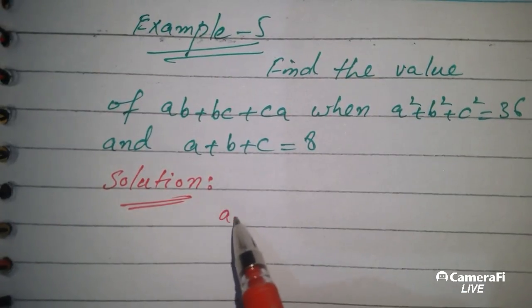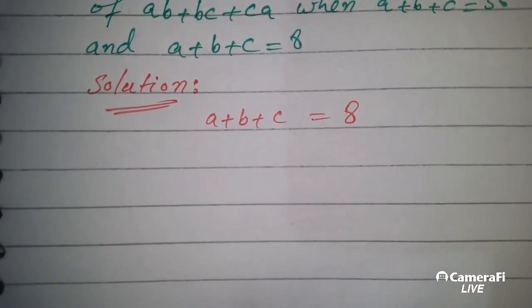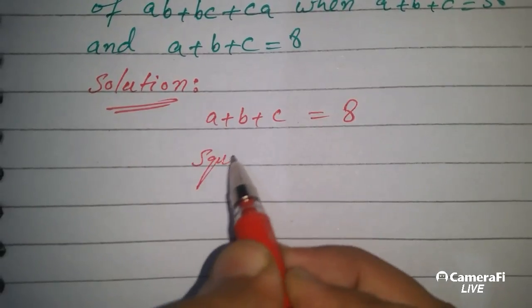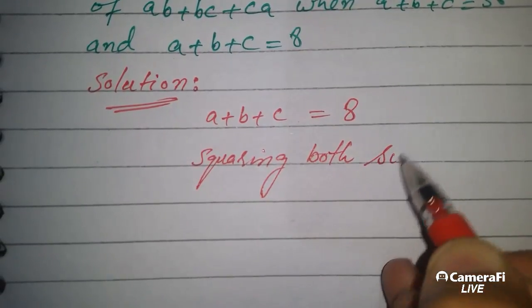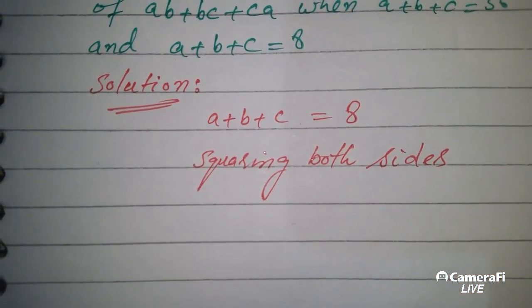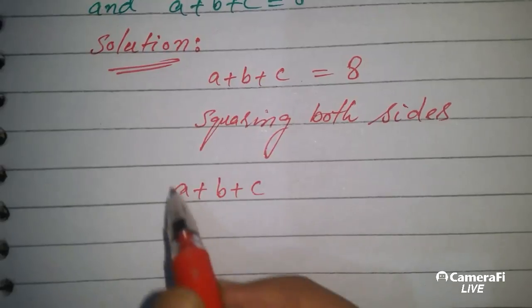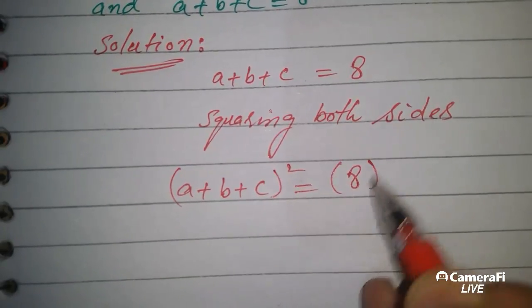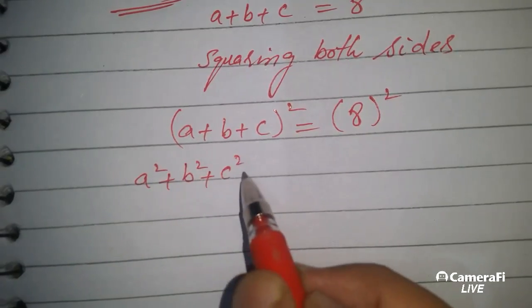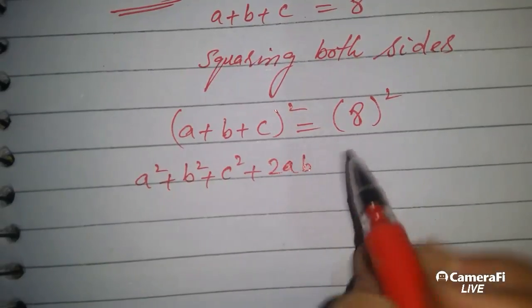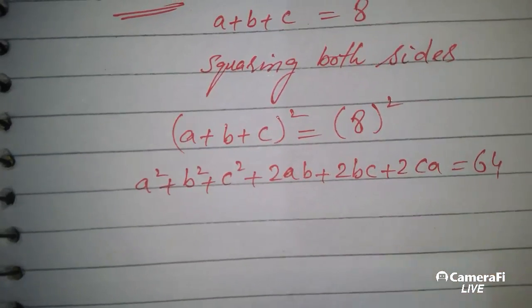As we know, a plus b plus c is equal to 8, squaring both sides. So it becomes (a plus b plus c) whole square, 8 square. Just expanding the formula, a square plus b square plus c square plus 2ab plus 2bc plus 2ca equals 64.